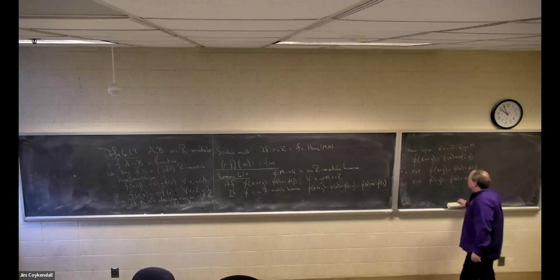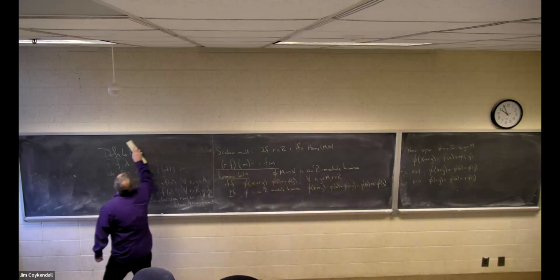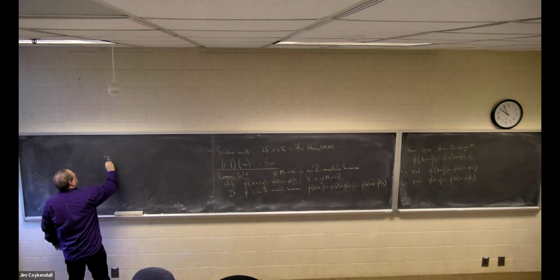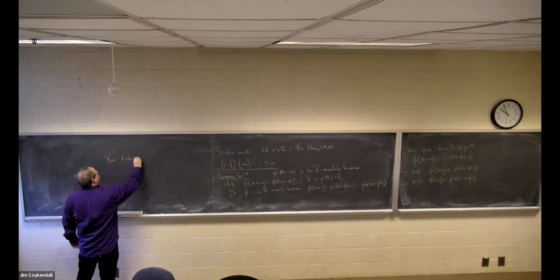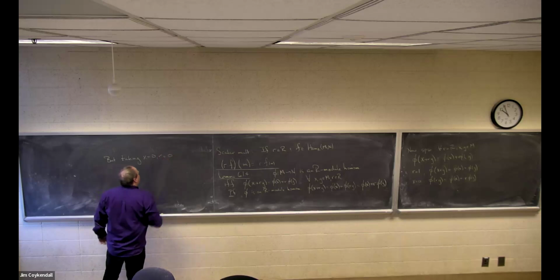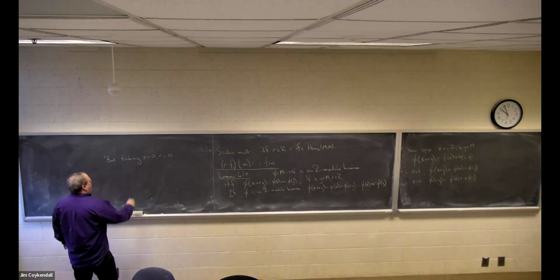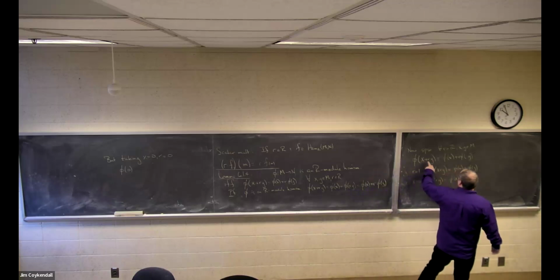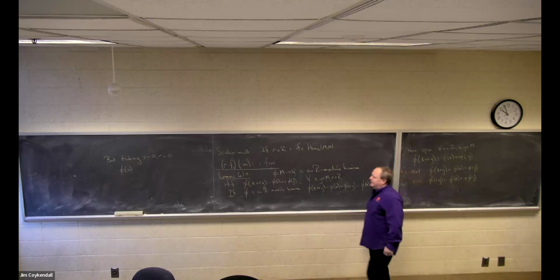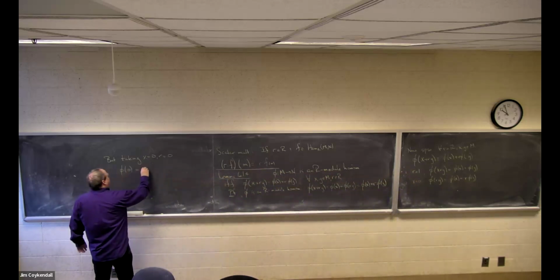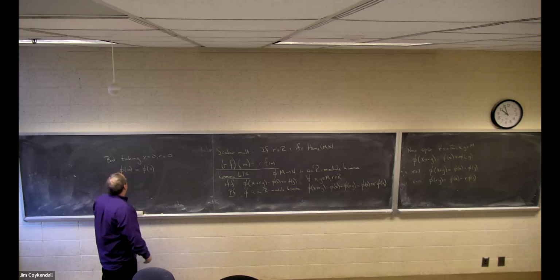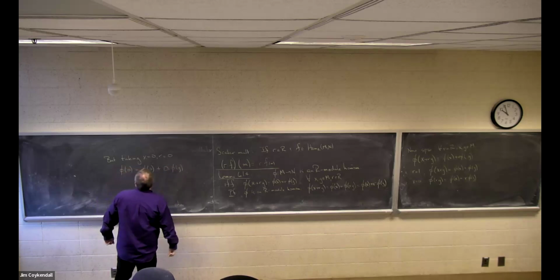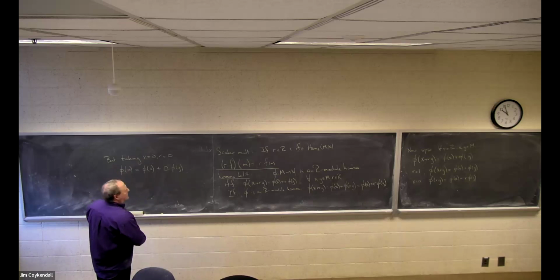You take x and r to both be zero, then I have phi of zero plus zero is phi of zero plus phi of zero.